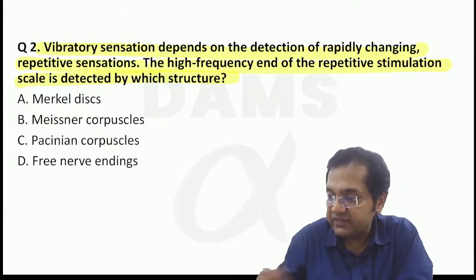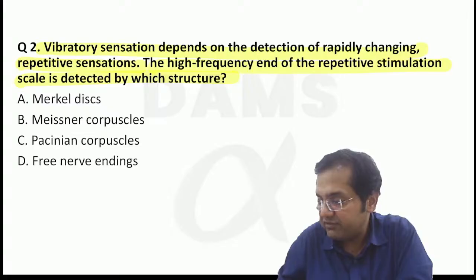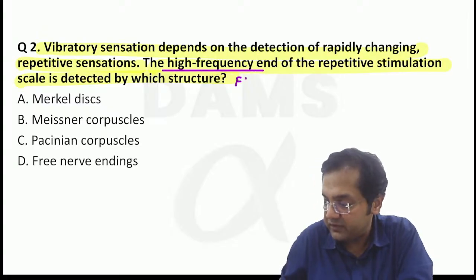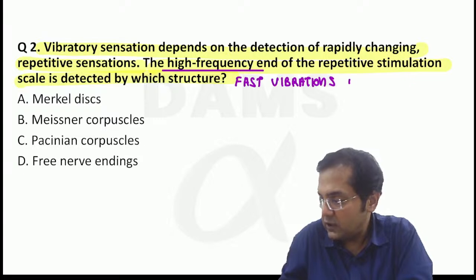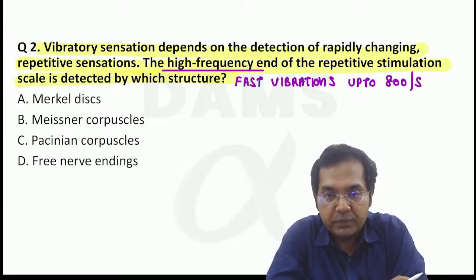So who detects the fast vibration? That is the question indirectly. High frequency vibration simply means fast. Fast vibrations mean up to 800 cycles per second, right? 800 per second. So what should be the answer?